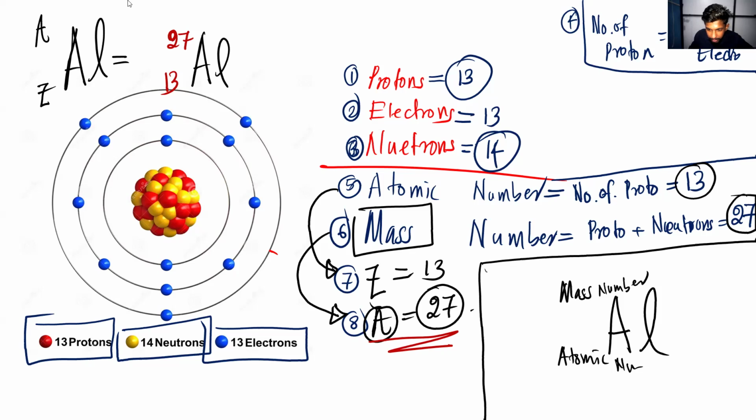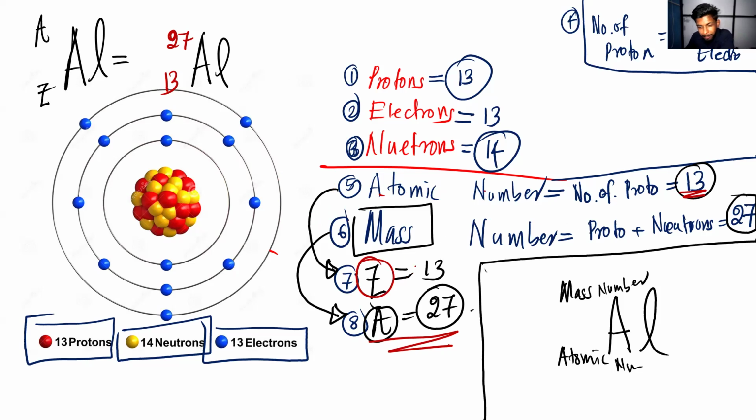7 and 8, okay. Very simple, 7 and 8. That means, Bilal, the atomic number, that is 13, right? Atomic number, that is 13. So instead of writing atomic number, here I will put Z. Right?